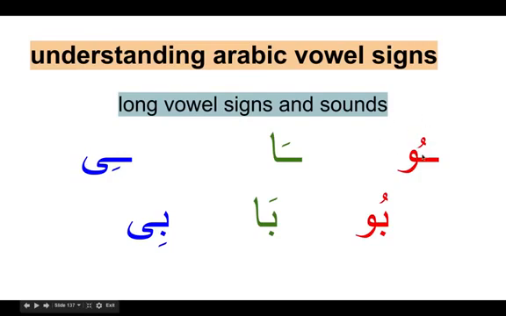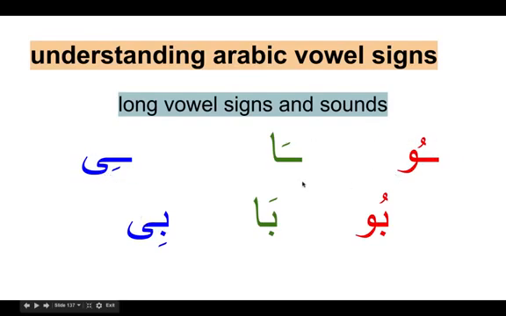For example, for the oo sound, we attach a wow. It becomes oo. For a sound, we attach an alif and it becomes a. For e sound, we attach a ya to become ee.